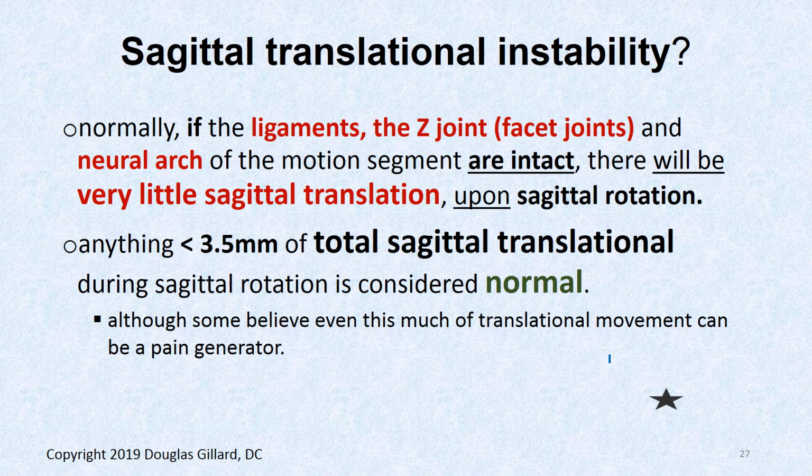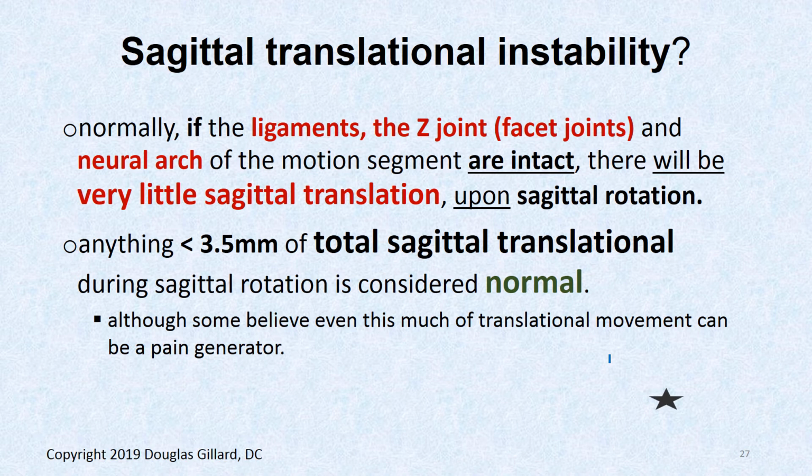Luckily, we have Z joints, right? Normally, if the ligaments and the Z joints and neural arch are intact and solid, there will be no sagittal translation, or very, very little. But if you have a fracture through the posterior arch or neural arch at the pars interarticularis and you bend forward, you might get some slip.